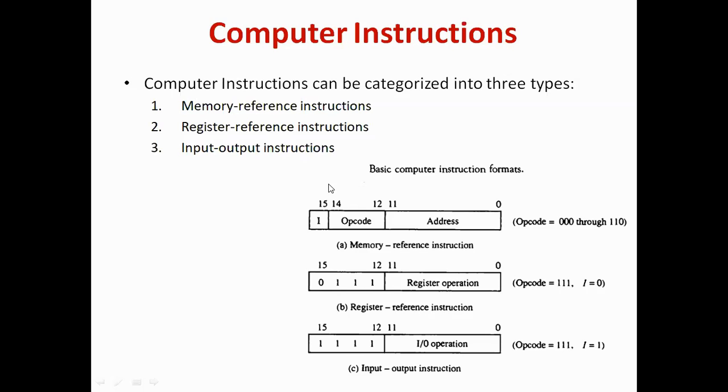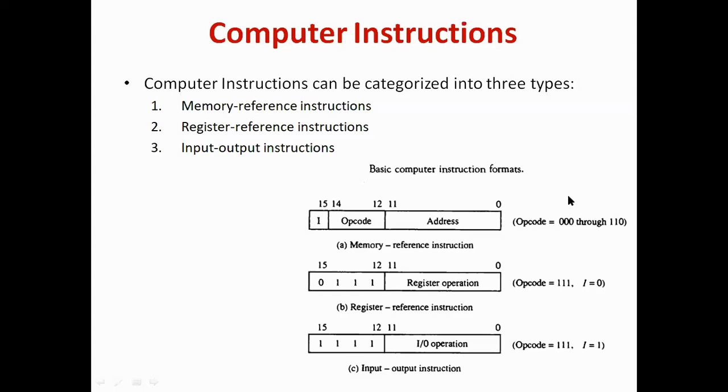And the format will be accordingly. The format of the instruction decides which category it falls in. If I take an example, let us say the memory is 4096 into 16 size.